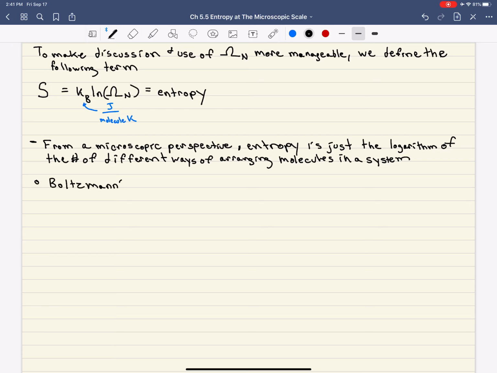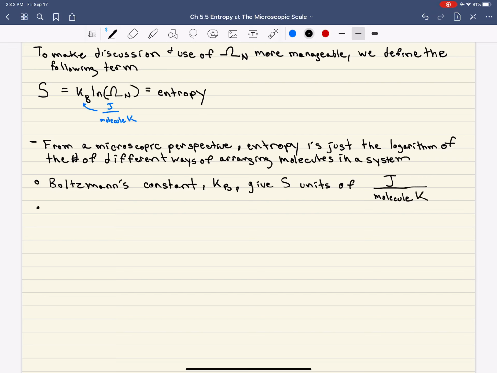That is, from classical thermodynamics, we know entropy has units of joule per mole Kelvin. Right? And so if we define the natural logarithm of the multiplicity as entropy, we also need to figure out a way of getting back those same units. And so all we do is multiply by Boltzmann's constant. Right? And it gives us units of joules per molecule per Kelvin.